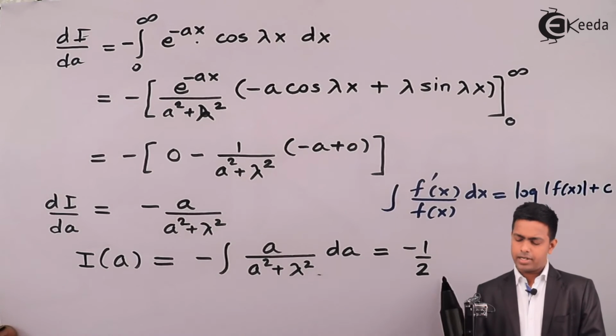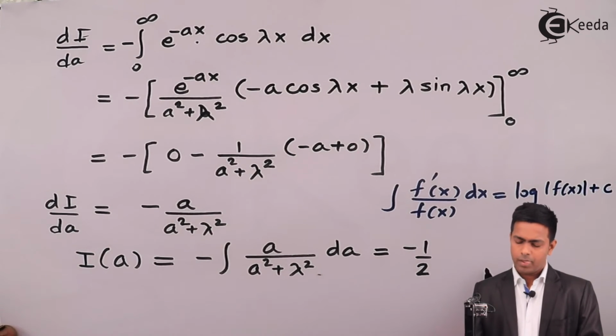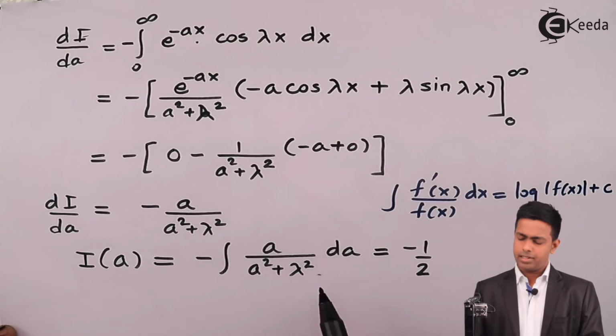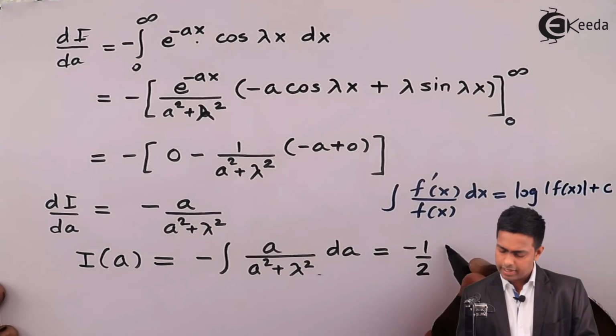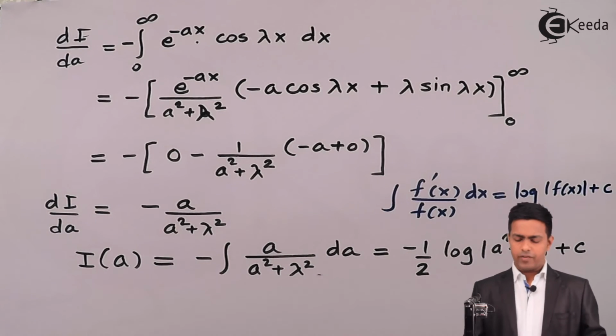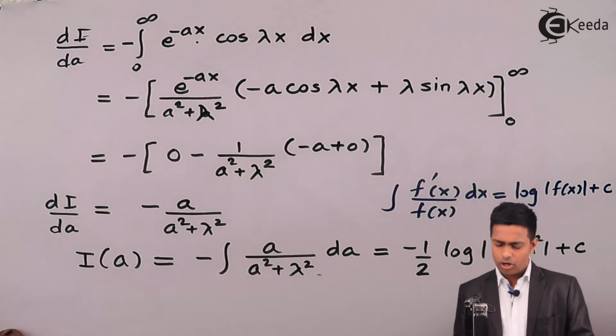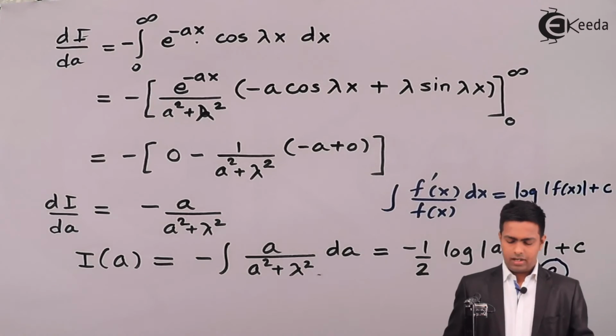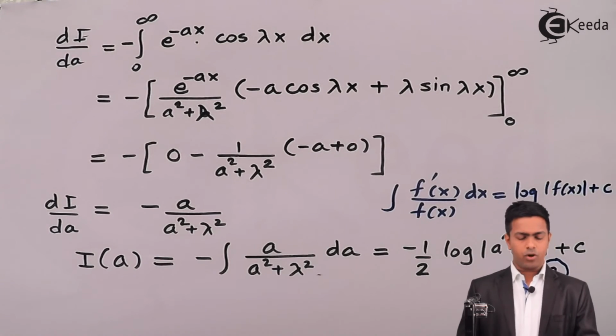See, here I am multiplying the denominator with 2, and when we multiply the numerator with 2, here we will get 2a, and then the property can be applied, so we'll get the answer as log mod a square plus lambda square plus c. So here we got the value of I of a, and we'll call it equation number 2. Now after this, let's follow the next step.